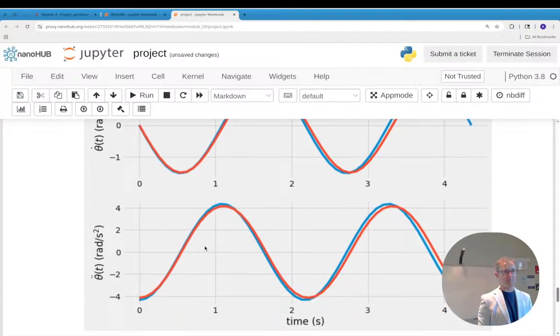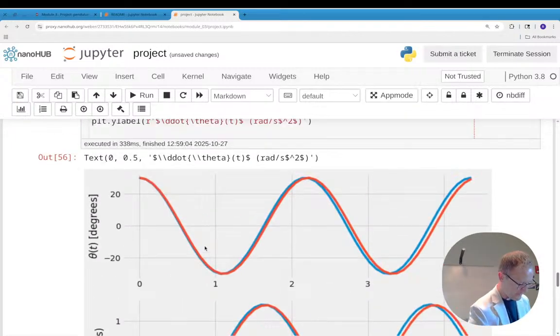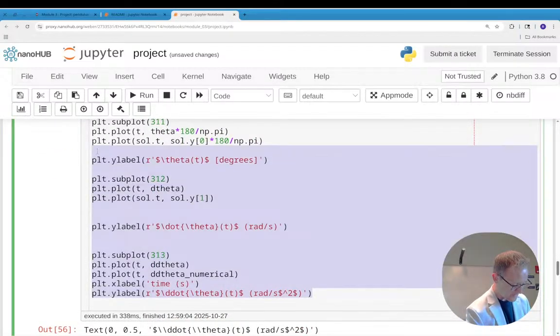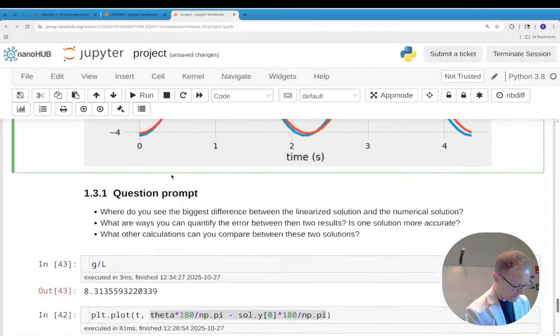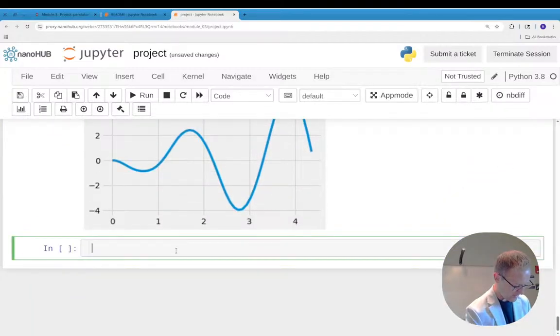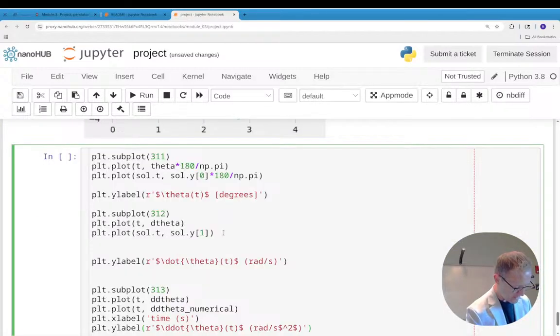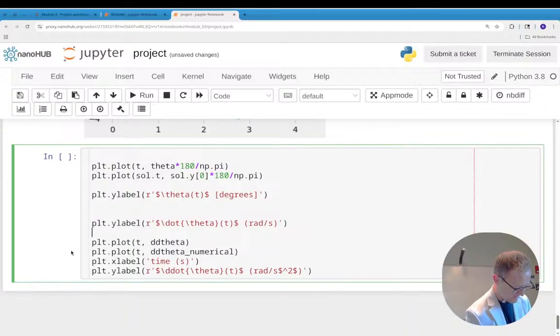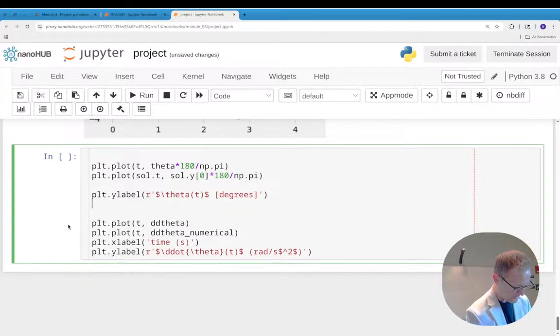They're the same, but a little different. So I'm going to grab all of this to start because it has all the variables that I'm going to care about. I don't need subplots, and I only need one y label.